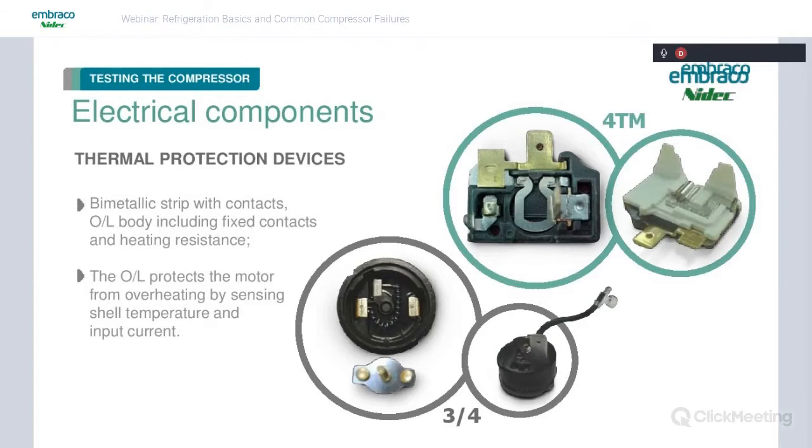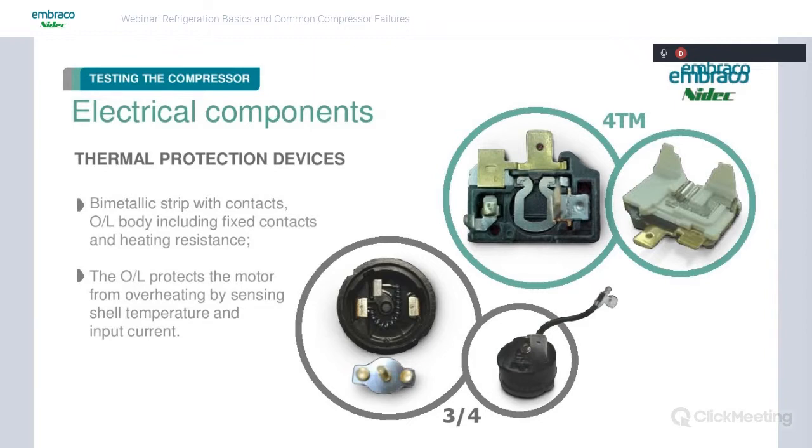And then we have our overload protectors, or thermal protection devices. These are designed to protect the compressor motor from any kind of overload, mostly heat or high discharge pressures, things like that. They're designed to be an on-off device to disconnect power to the compressor in the event of an overload. Your typical one is the 3/4 round, also called a Klixon a lot of times.